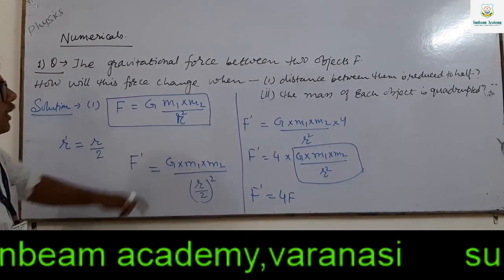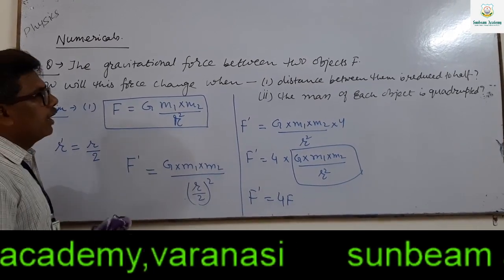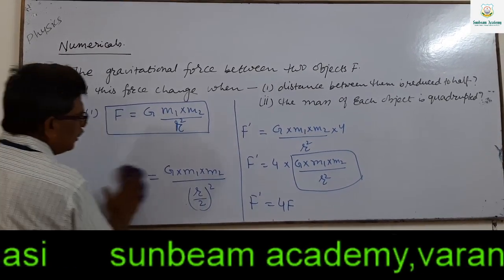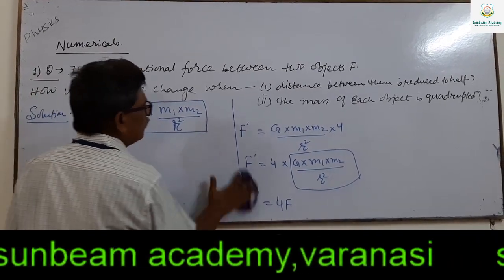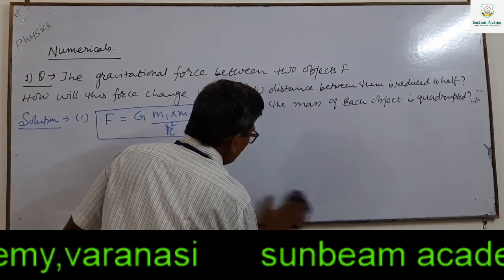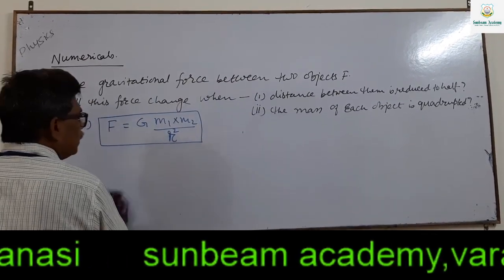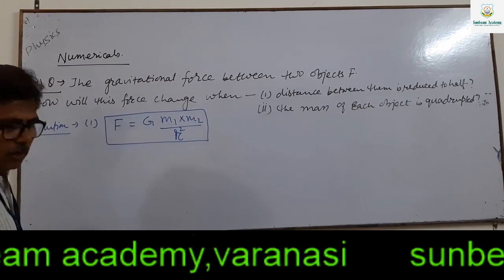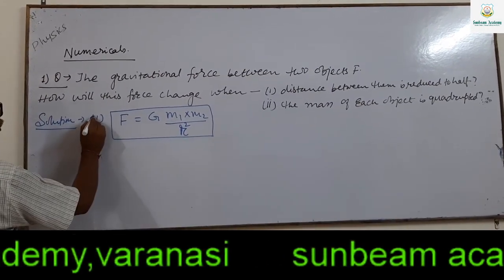Now let us see the second part of this numerical, when the mass of each object is 4 times. Now let us see the second case. What will be the change in the gravitational force when the mass of the object becomes 4 times? Second part.